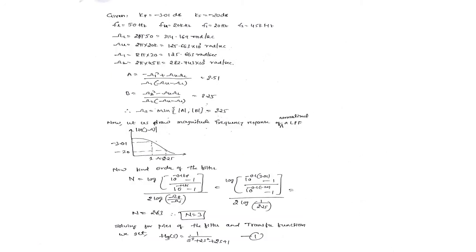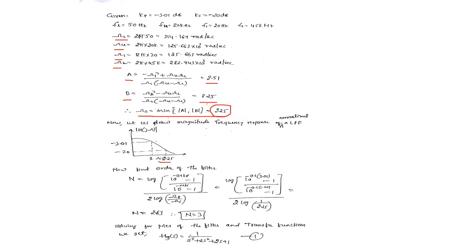First find all these values: omega L value, omega U value, omega 1 value, omega 2 value. Then calculate A and B with these formulae. Then omega S, that is the stop band frequency of the normalized low pass filter, is the minimum of these two. Here when you compare 2.51 with 2.25, 2.25 is the minimum, so take omega S as 2.25.